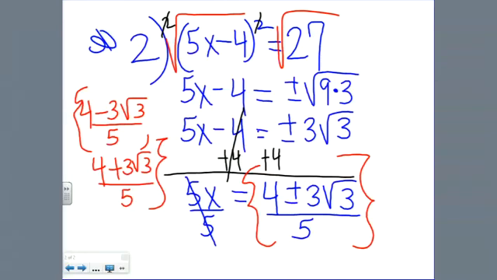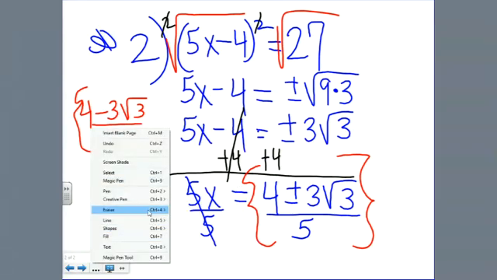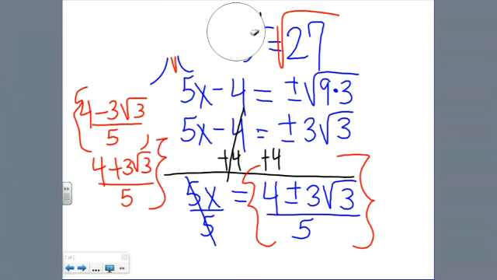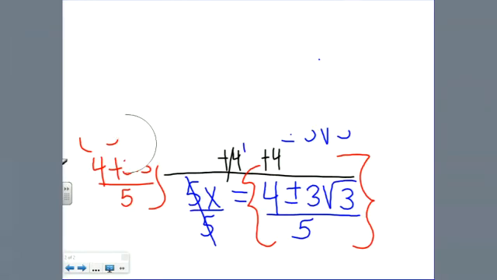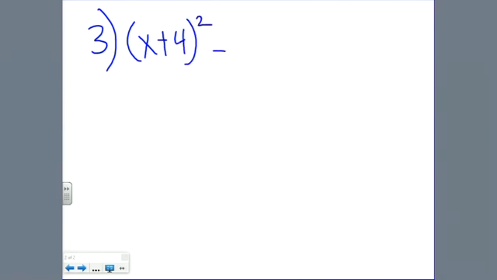So far, our answers have been real numbers, but what if you get an imaginary part? So let's look at an example in which that happens. So question 3, we have in parentheses x plus 4 quantity squared equal to negative 36.